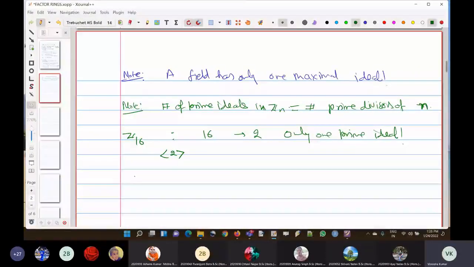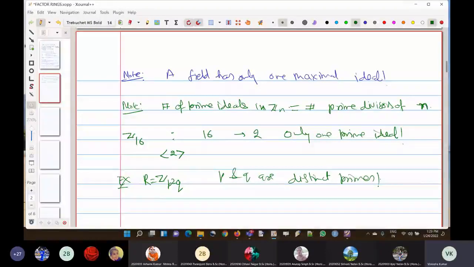Next example, if we take, let R be a ring, and this is Z of P square Q, similar to what we have taken, and P and Q are distinct primes.